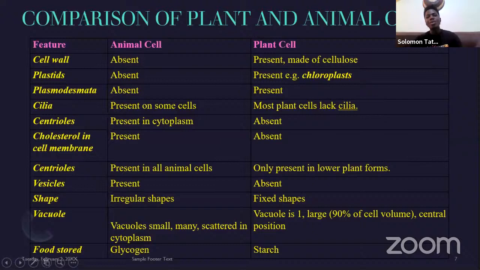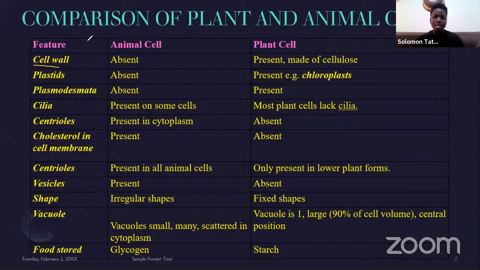All right, let's look at the comparison between plant cells and animal cells. This will be quick. Just look at the feature and whether it is present or absent. Let's start with the cell wall.